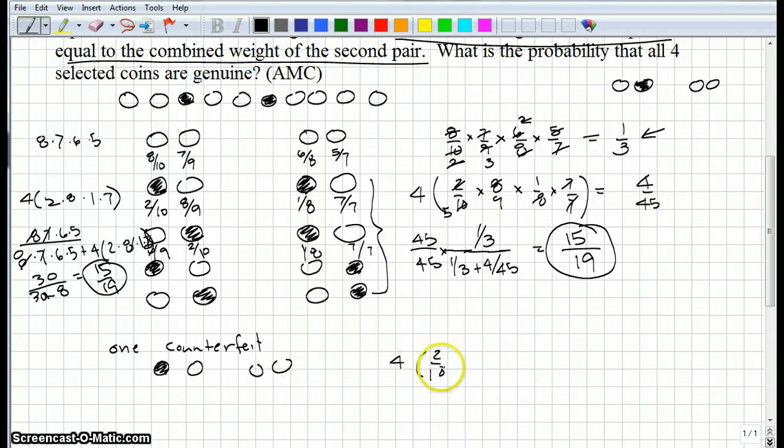times 2 over 10 times 8 out of 9 times 7 out of 8 times 6 out of 7, right? And again, do a lot of canceling. So we have, what is this? This is 5.